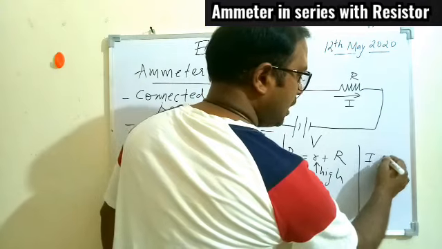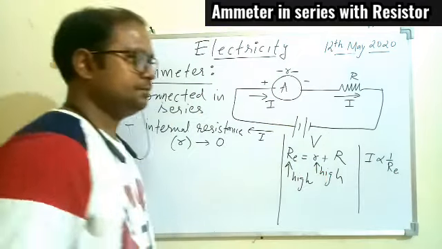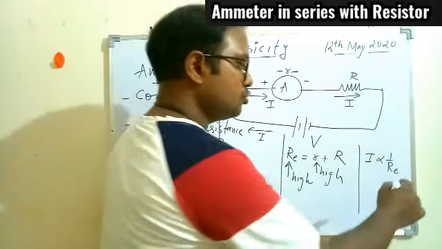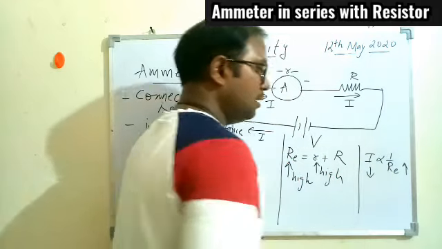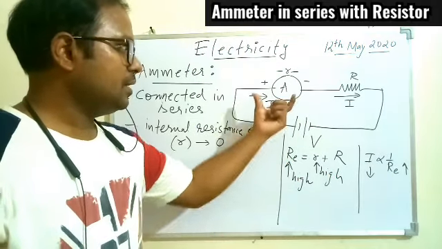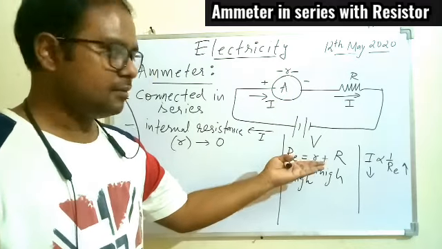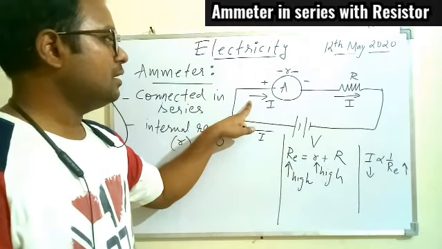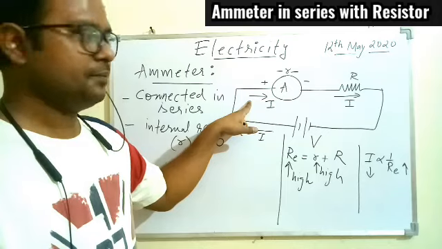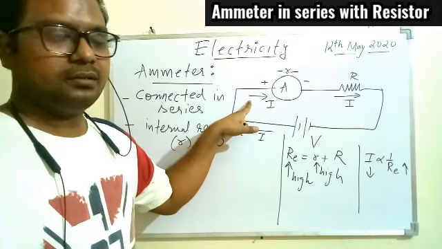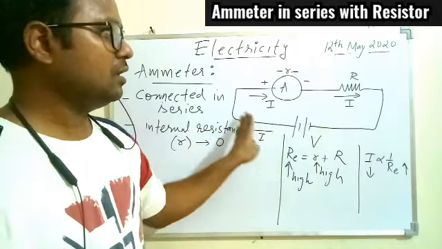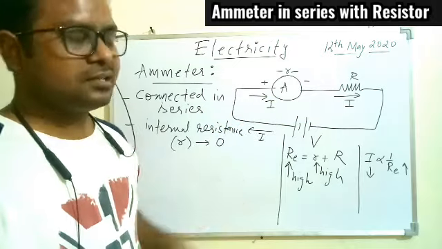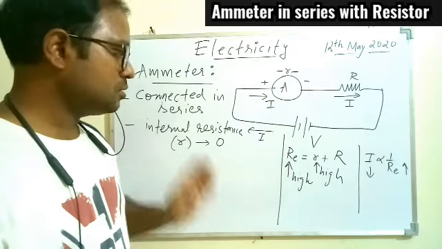And from Ohm's law we know I is inversely proportional to R equivalent. More resistance in the circuit means less current. Once the ammeter is connected in series, the resistance will go high. If the internal resistance is high, then the overall current will drop, so whatever current flows in the circuit will be less. We don't need that. We want just to record the current flowing in the circuit without disturbing the circuit. That is only possible if the internal resistance is 0 or approximately 0.